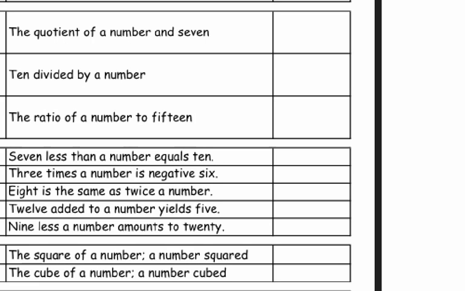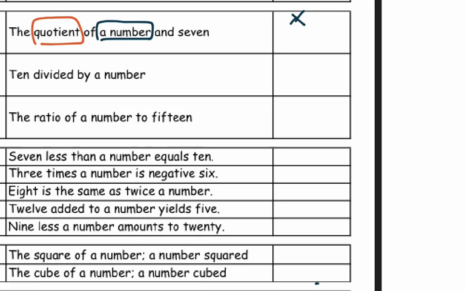Alright, so we're going to try some of these ourselves. And the good news is that quotient is exactly what you think it would be. They always give you whatever is in the numerator first. So the number, which will be a variable, let's say x, and is division.